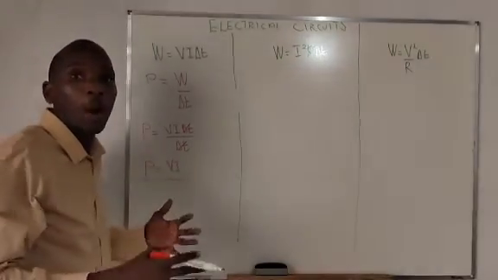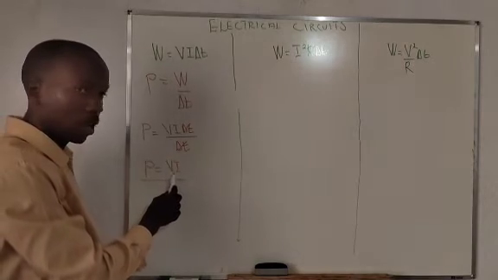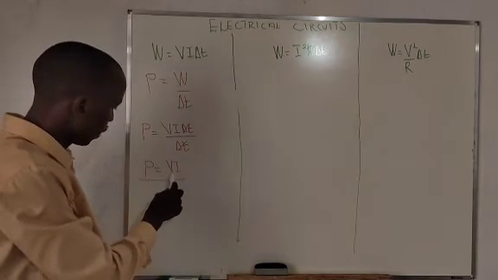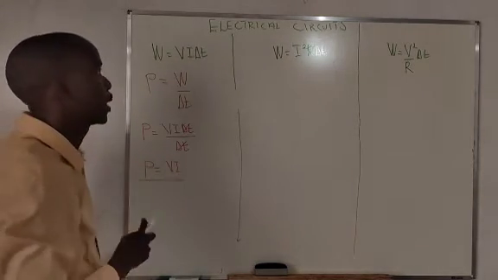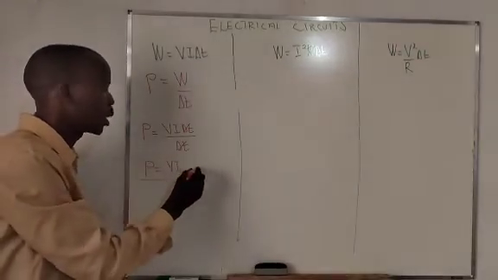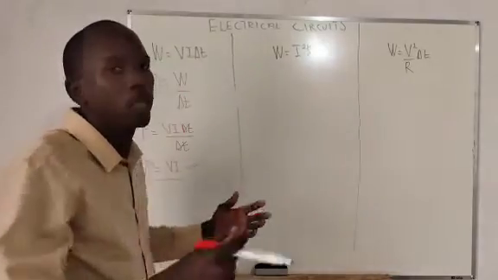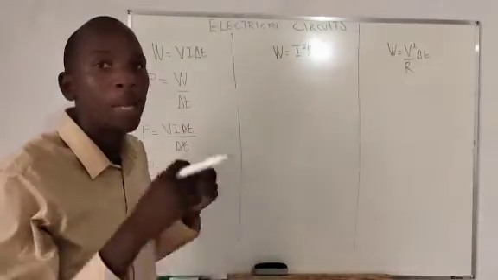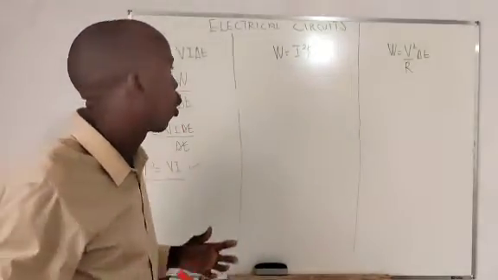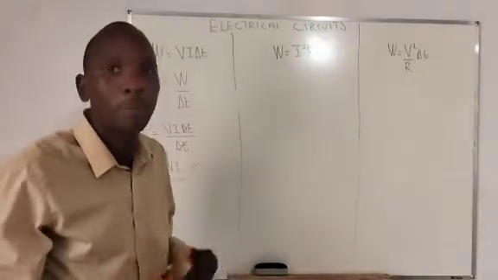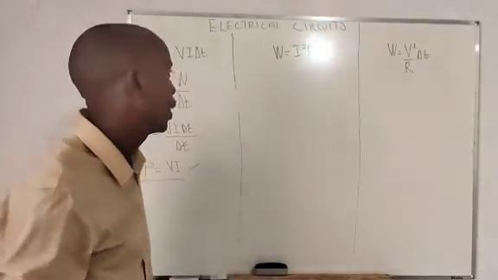We can calculate power as voltage times current. This is the first expression you can use in grade 12. Of course, it will be there in the formula sheet. I just want you to have the background before we go on to solve more problems from this topic.